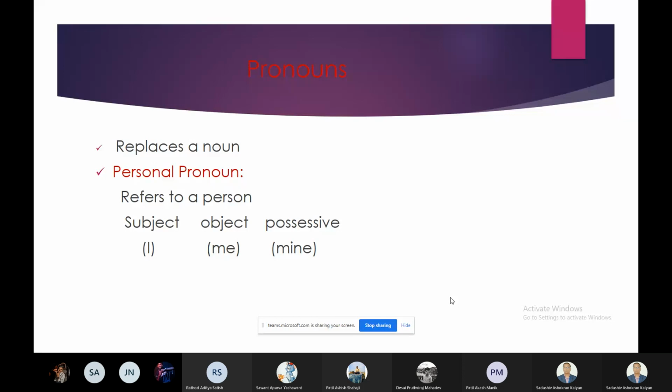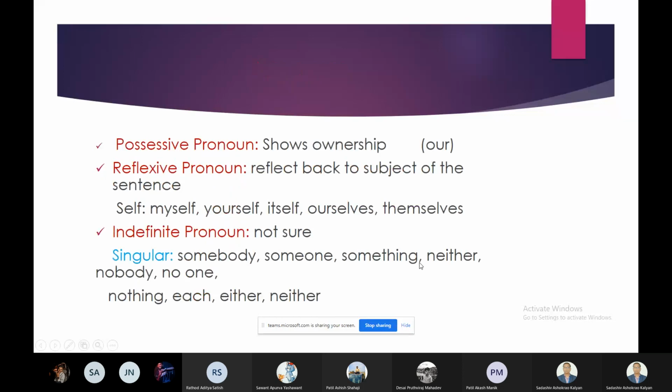We also use possessives like mine, ours. So this was the first type of pronoun, the personal pronoun.